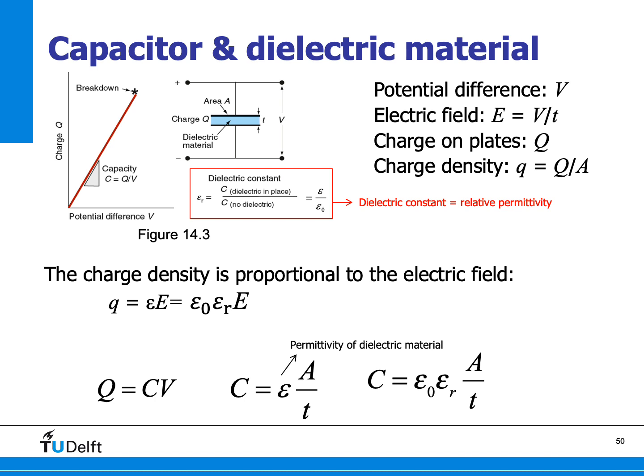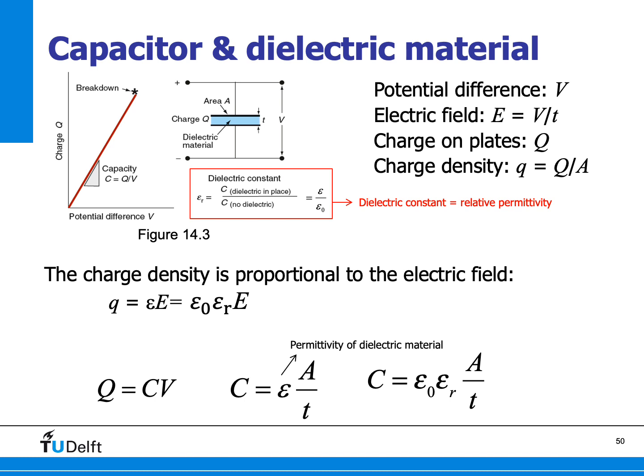That's the relative permittivity, and relative because you divide epsilon by epsilon naught. This relative permittivity is known as the dielectric constant of the material. So we can rewrite this expression in this way with the help of this formula.